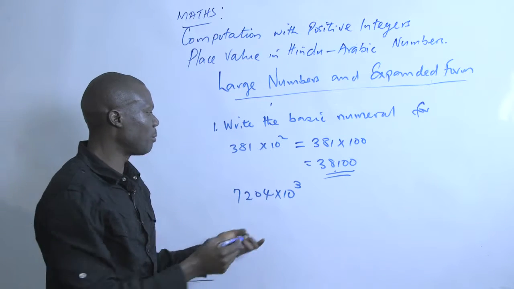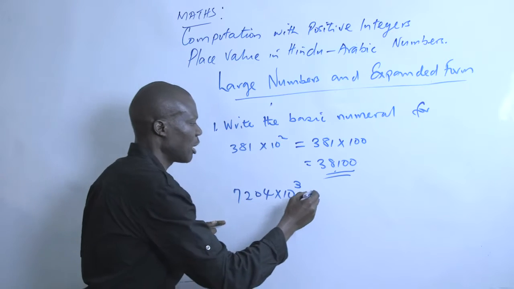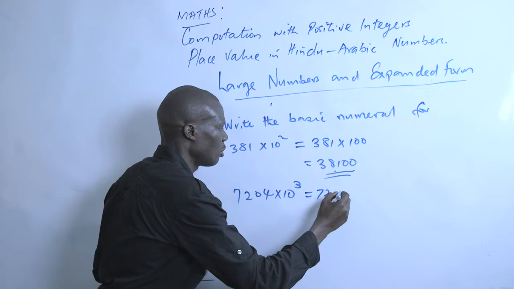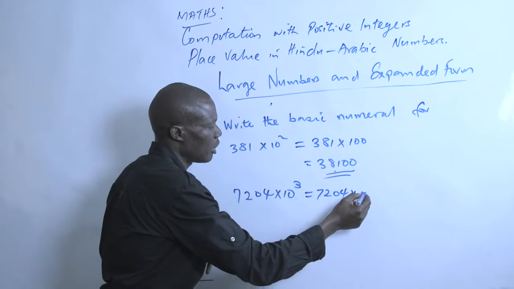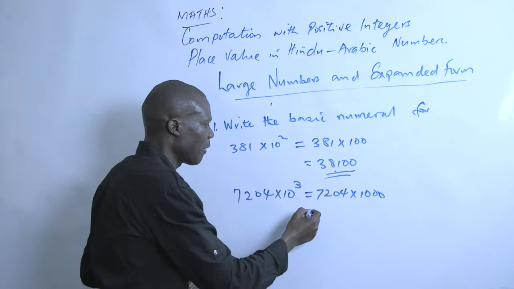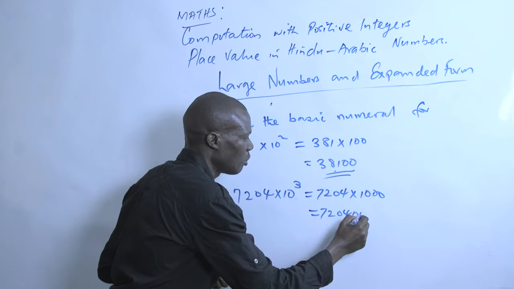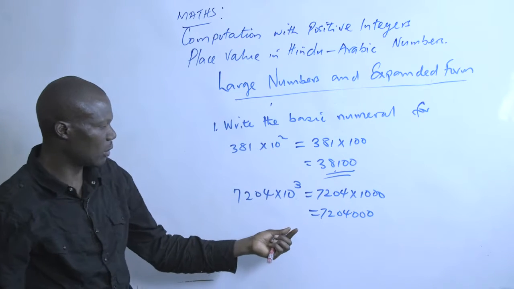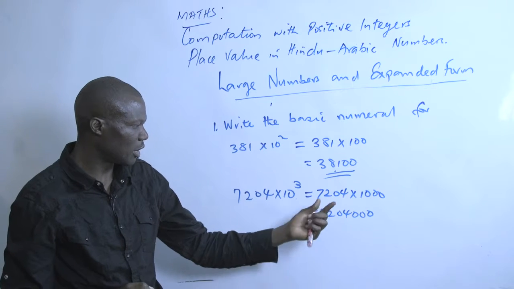We want to find the basic numeral, so we take the whole number that we have, 7,204, multiplied by 10 raised to power 3, which is 1,000. And then we expand it and simplify. The value of our basic numeral will be 7,204,000.